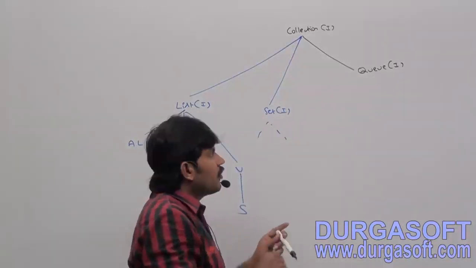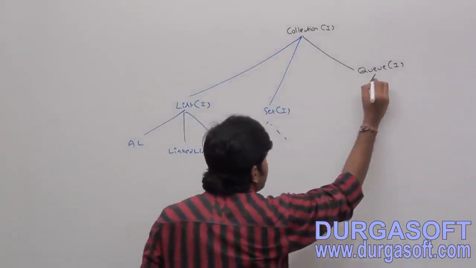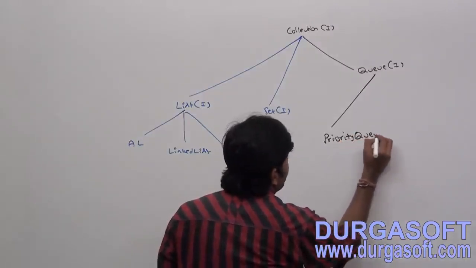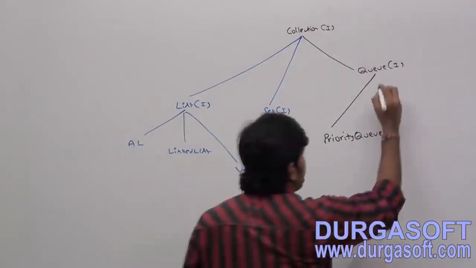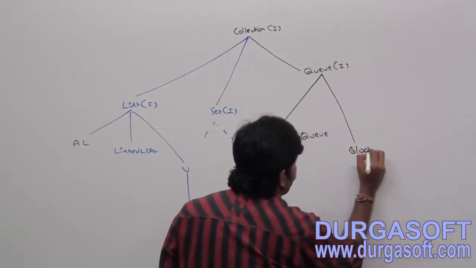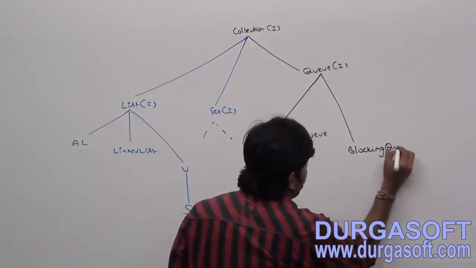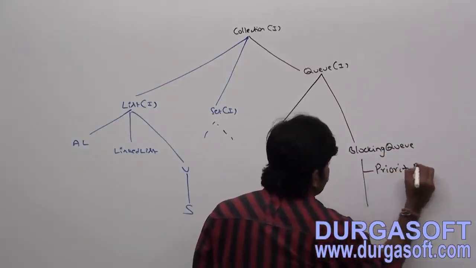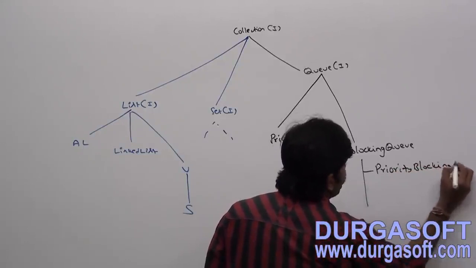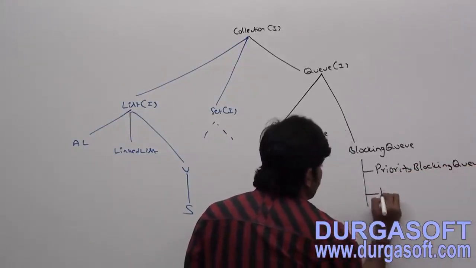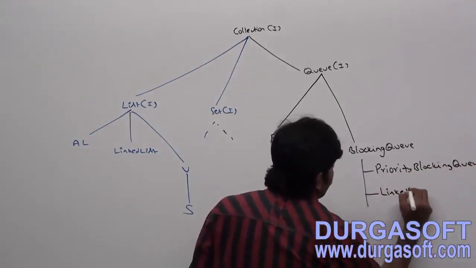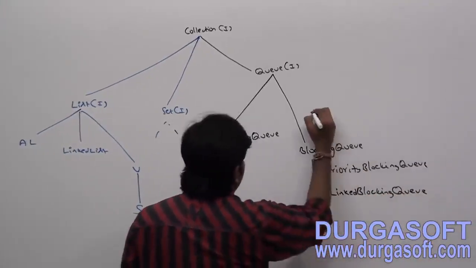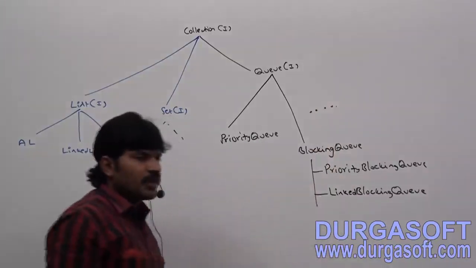Queue is there. For the queue there are several implementation classes: PriorityQueue, BlockingQueue, PriorityBlockingQueue, LinkedBlockingQueue, and there are several more.